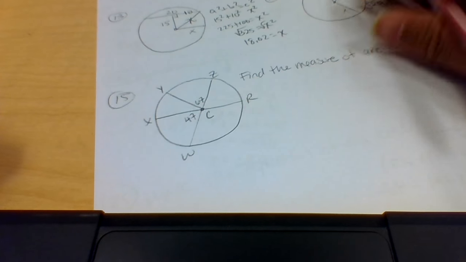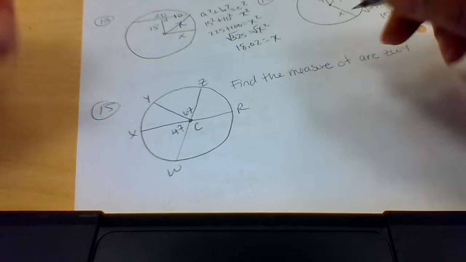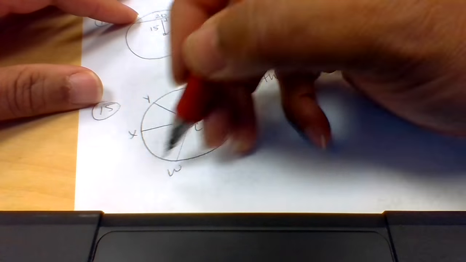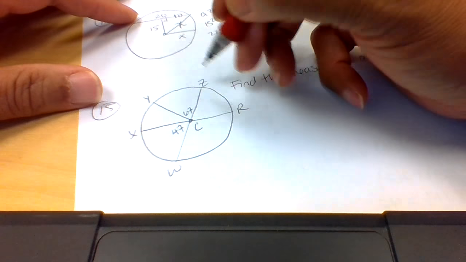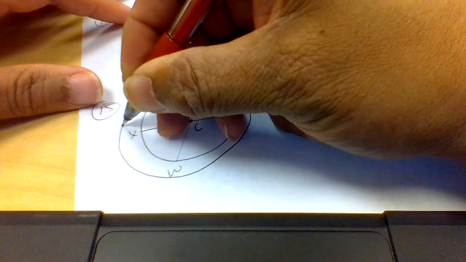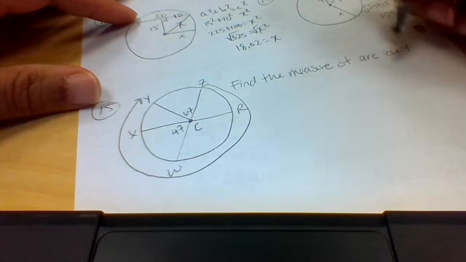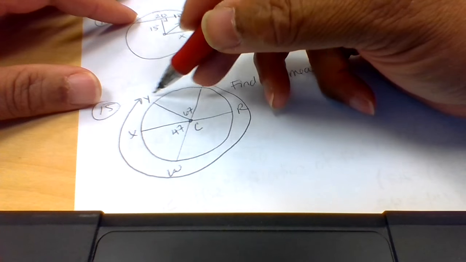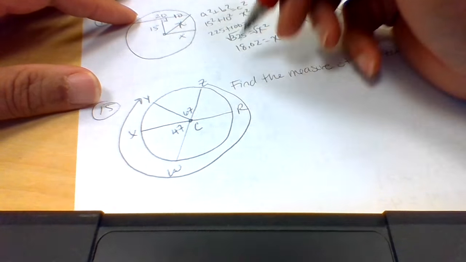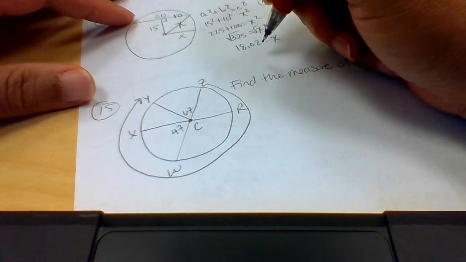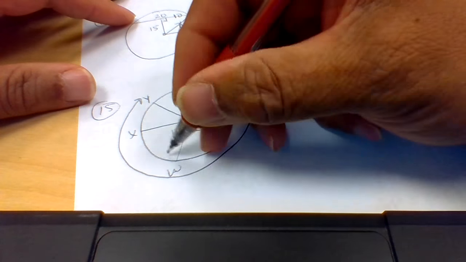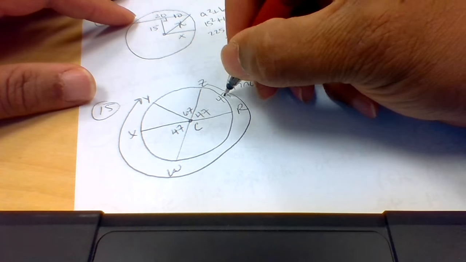Next problem. Find the measurement of arc ZWY. So you've got to look to see if you go counterclockwise or clockwise. You find out that you have to go clockwise because you get to the W before you get to the Y. If you went this way, you would get to the Y before the W. Really, you could find out that this is 47 and you have central angles, so that's 47.